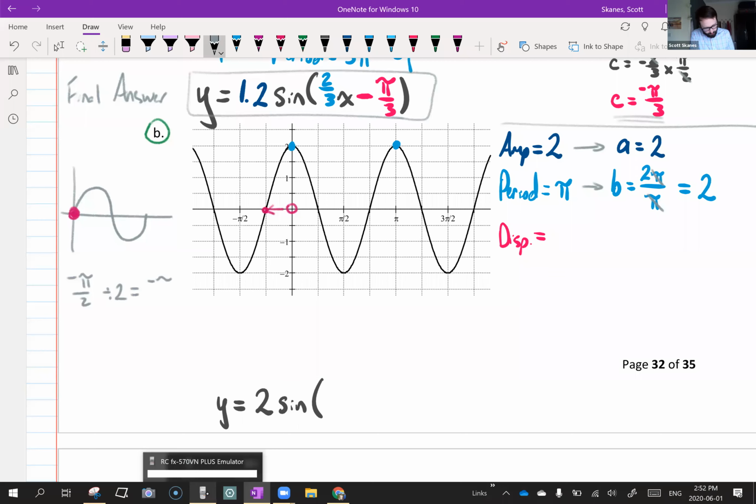Well, it's negative pi over 4. So negative pi over 4 is our displacement. That's a tricky one. Normally I would label the graph, okay? Just so you know. Negative pi over 4 is our displacement. Is that okay, Ayesha? Do you want me to show you a different way? Or explain it differently?